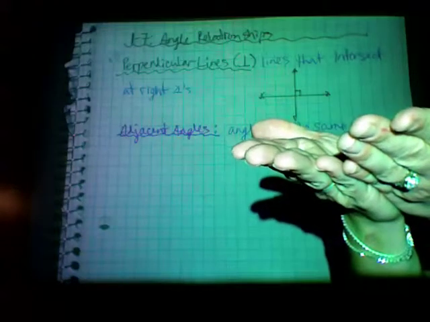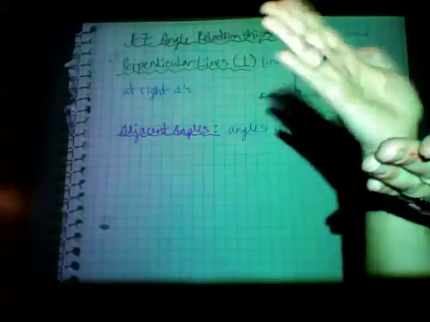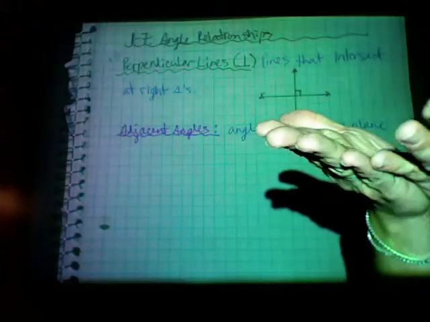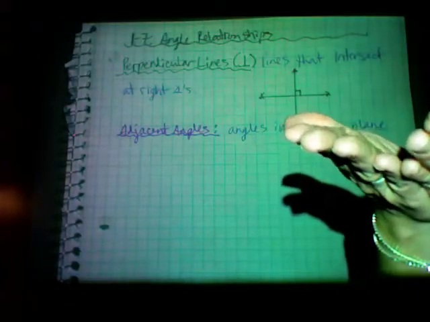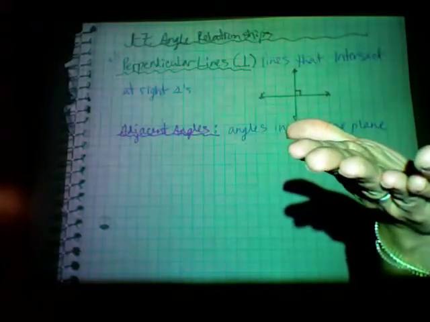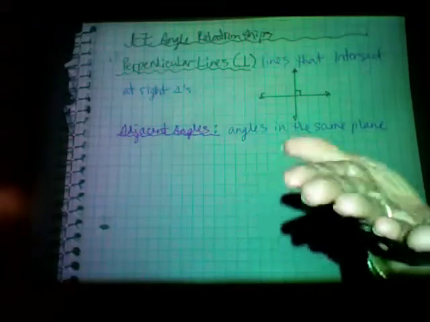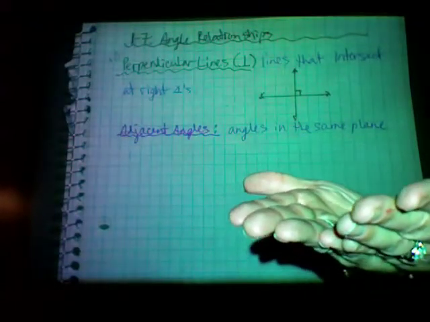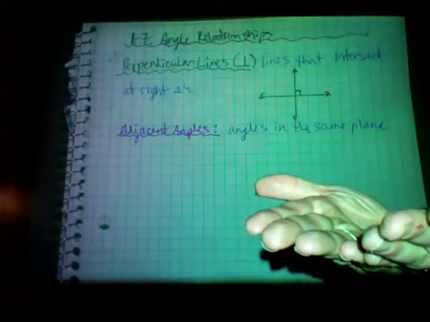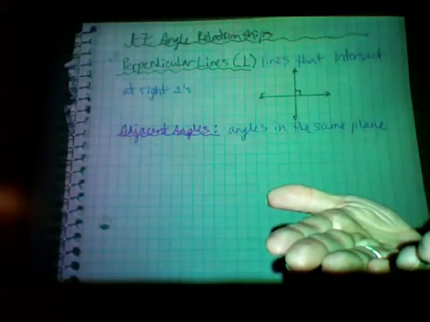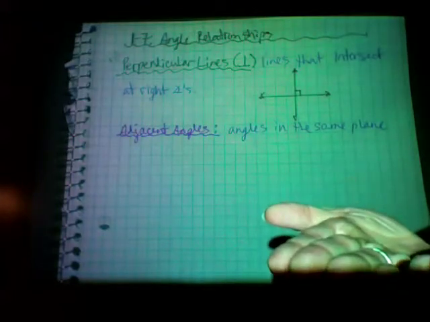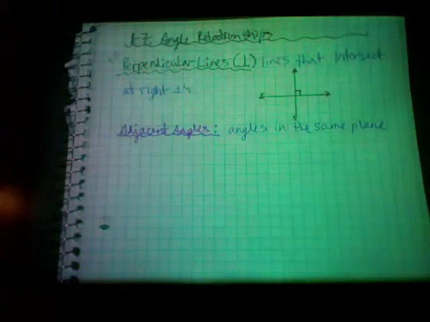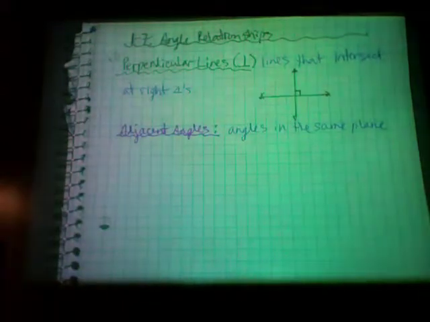So couldn't I theoretically have one angle on this plane and one angle on this plane, but that line that those planes meet at is a side to the angles? So technically you could have an angle in each part of this book. Are they in the same plane though? Okay, they share a side, but they're not in the same plane. These angles would not be considered adjacent angles because they're not in the same plane. You're probably not going to come across that though.